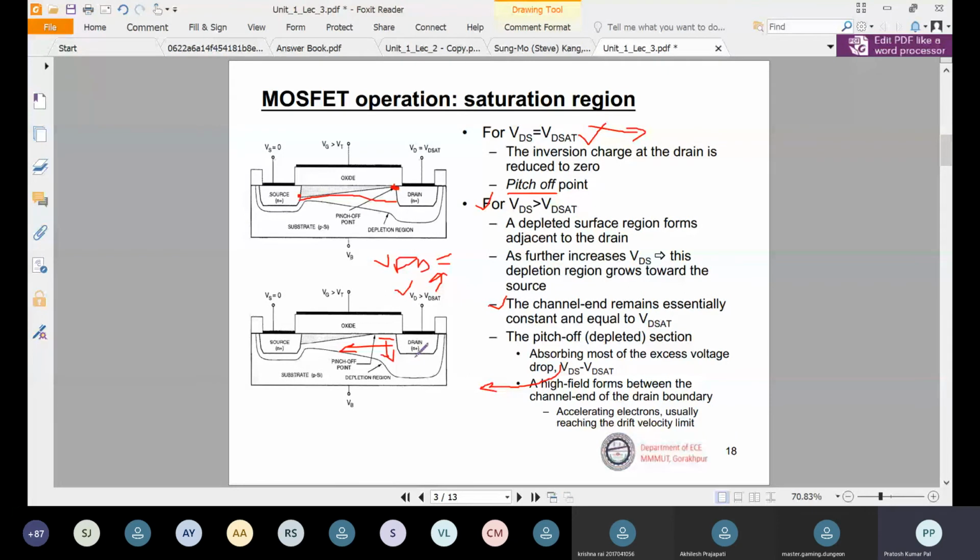The voltage across the drain to source will always be fixed, that will be VD set, and extra voltage beyond VD set will be absorbed by your depleted pinch off region.